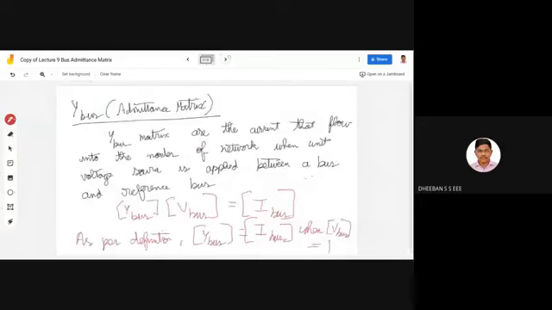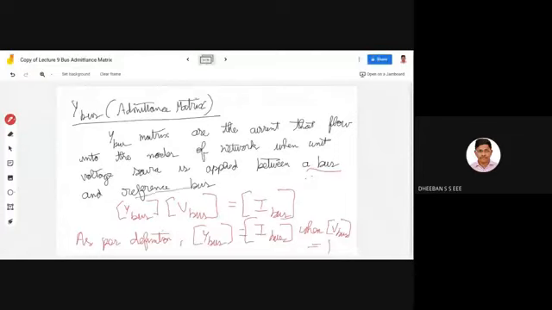So this is the definition for your Y bus admittance matrix. The Y bus matrix elements are the currents that flow into the nodes of the network when a unit voltage source is applied between a bus and the reference bus.